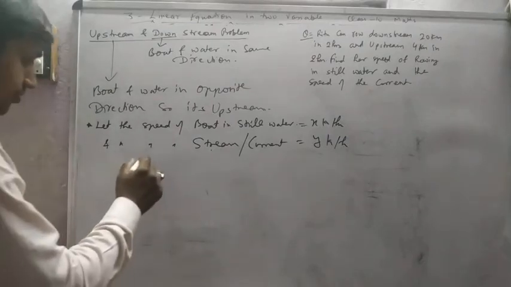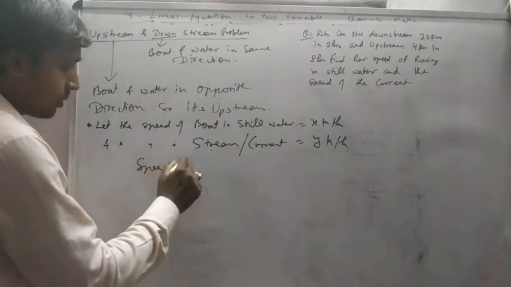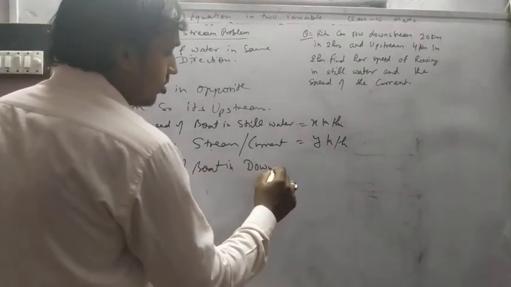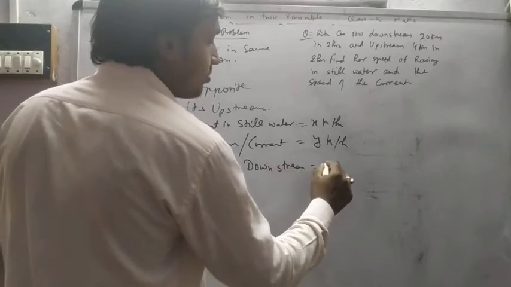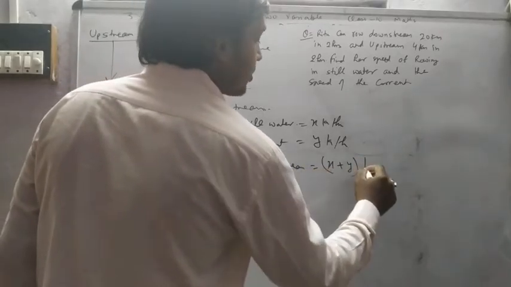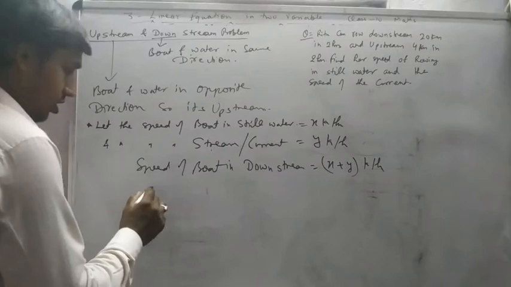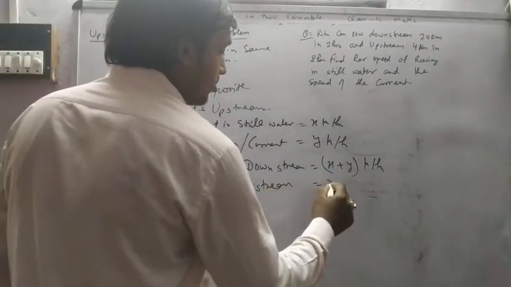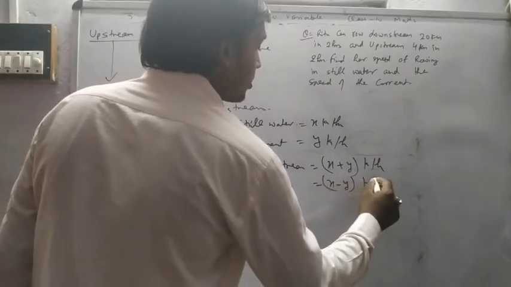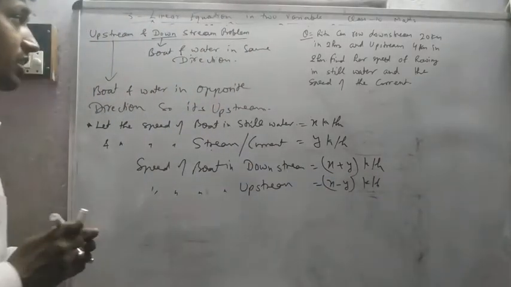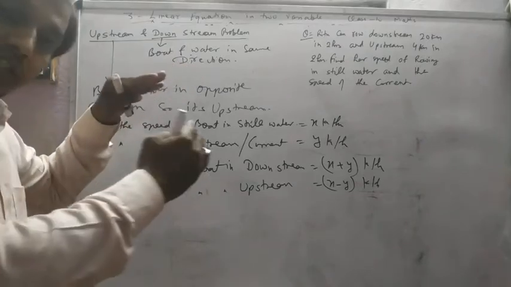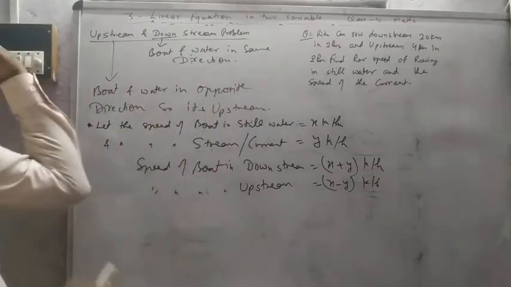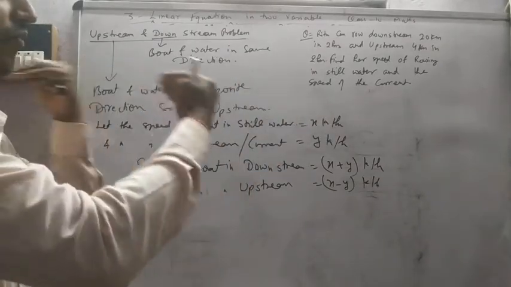Then the speed of the boat in downstream is x plus y km per hour, and the speed of the boat in upstream is x minus y km per hour, because if they are in the same direction, the speeds add, but in opposite directions, the boat here and water here, the speeds are subtracted.